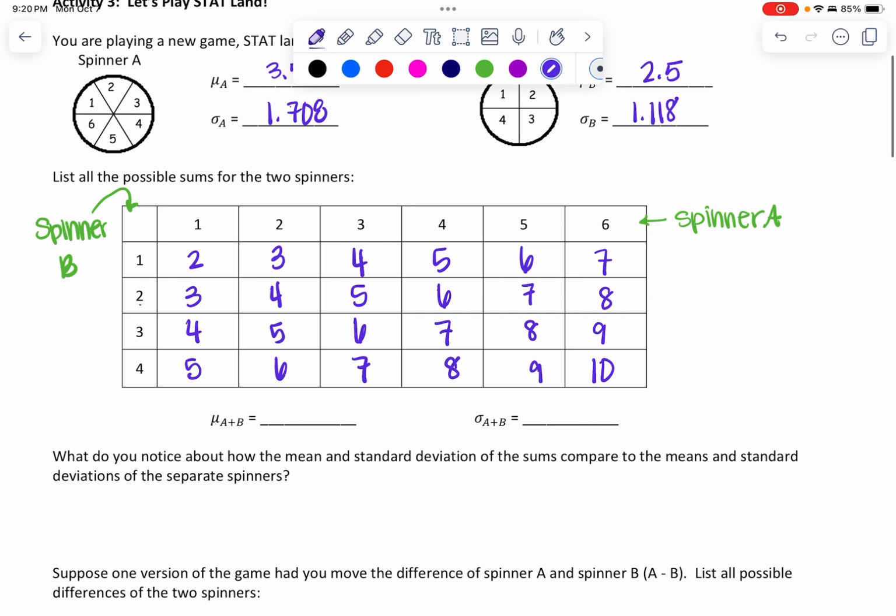Now take a moment, type that into stat edit, find the mean and standard deviation. You might need to pause the video at this point so you get a moment to find the mean and standard deviation.